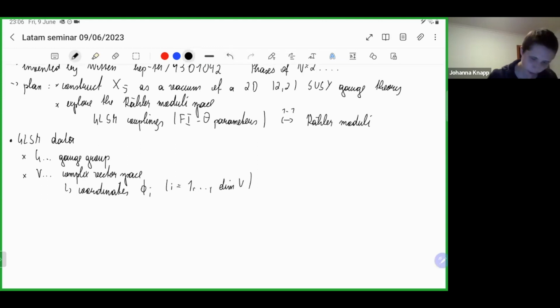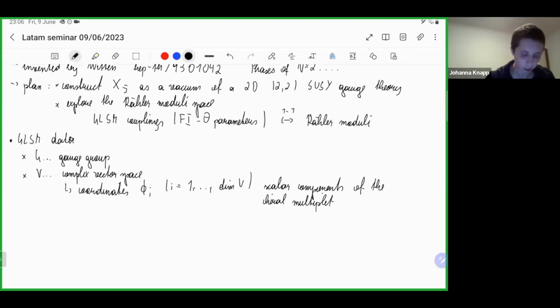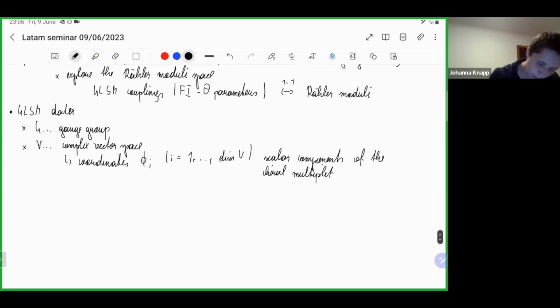So these will be our scalar fields, or rather the scalar components, for those who know supersymmetry, of the chiral multiplet. So you will also have fermions coming with these scalars, and you will have an auxiliary field usually called F, and I'm not introducing them. And the mathematicians will just say it's a complex coordinate, but secretly, of course, they depend on the worldsheet.